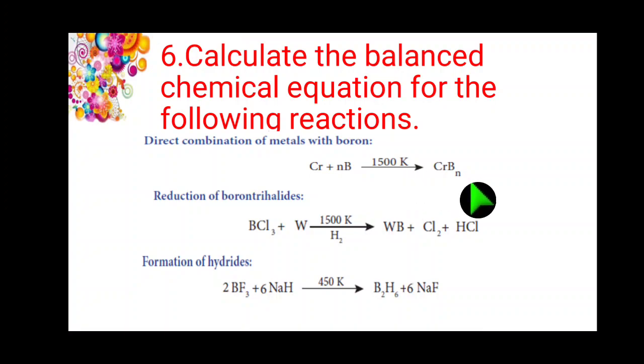It gives chromium boride, right? Here the boride is a polymer. That's why the suffix small n is given.